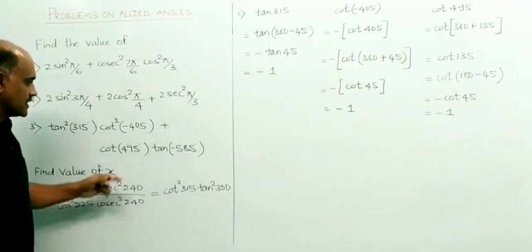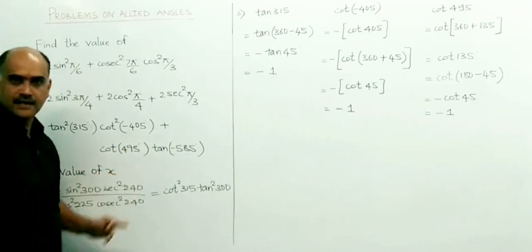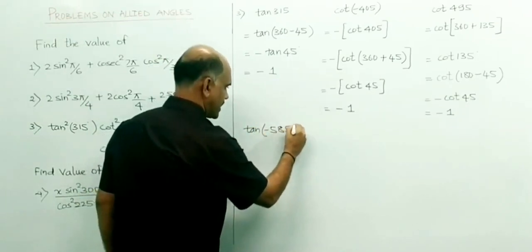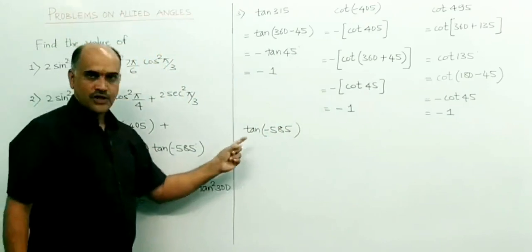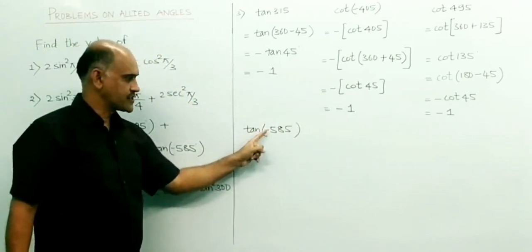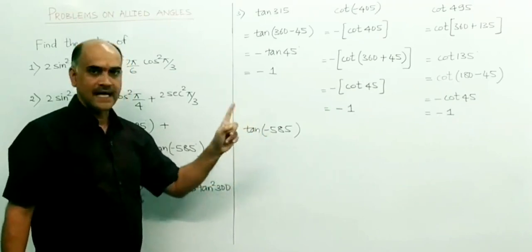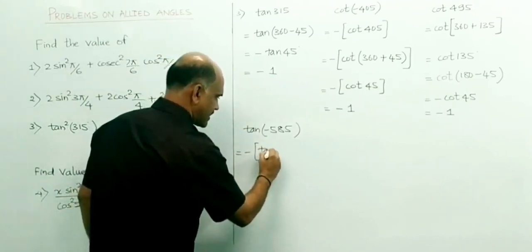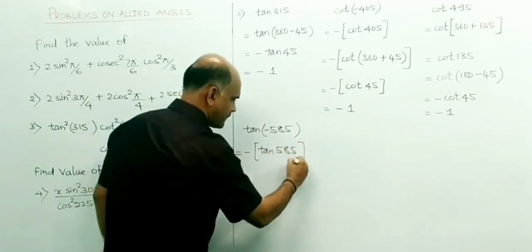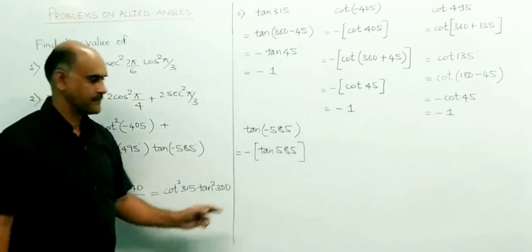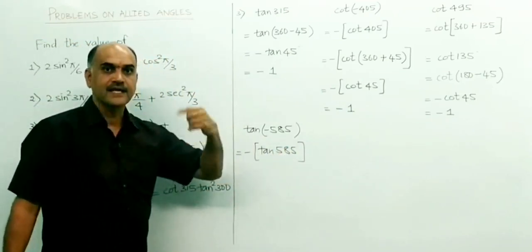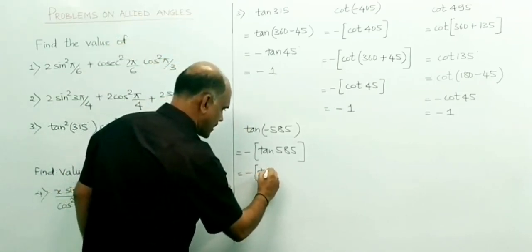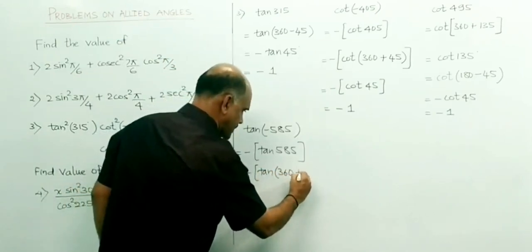Now fourth, if I take tan minus 585. Again here the minus sign is there. So first we are required to solve this minus. Tan of minus theta is minus tan theta. So minus tan 585. This 585 is again greater than 360. So we write it as minus tan 360 plus something.